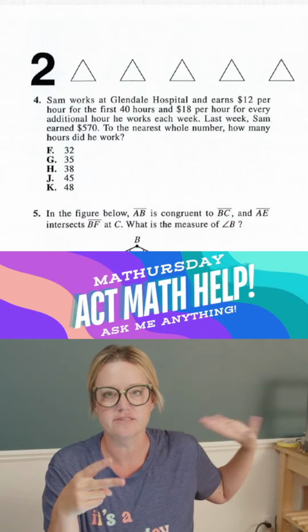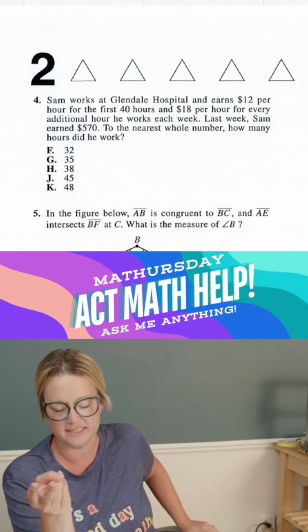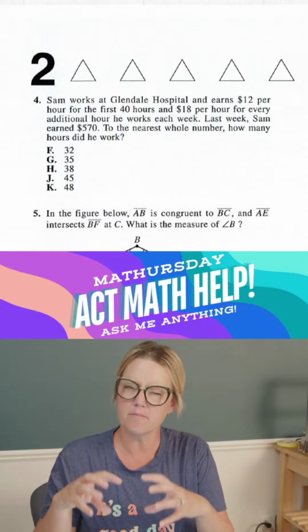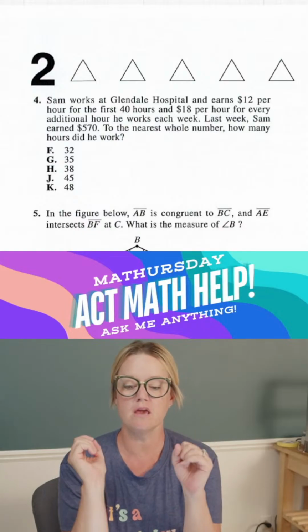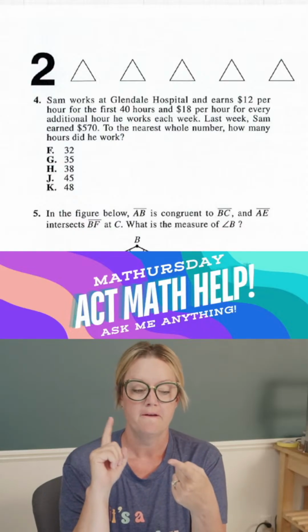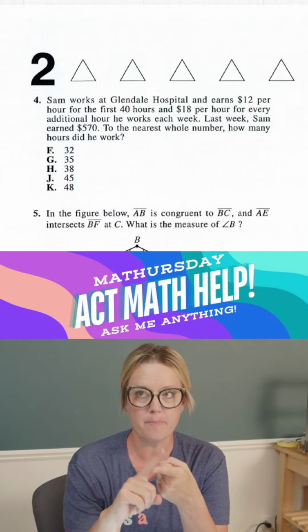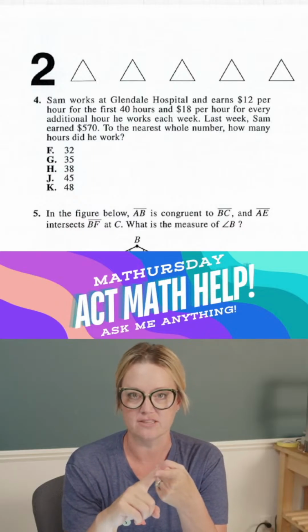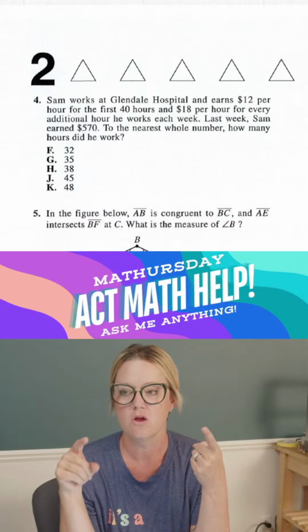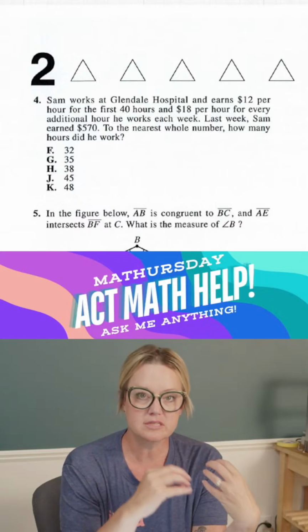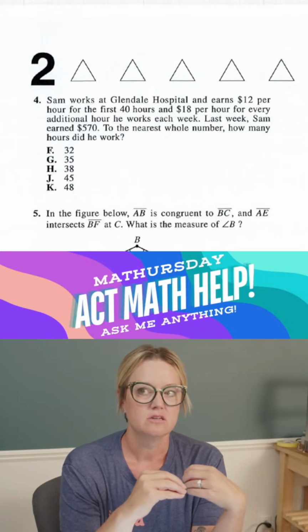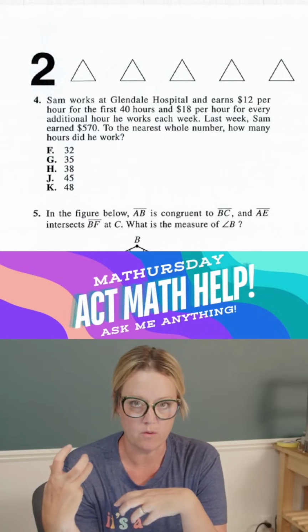Now, there are outliers, I get it, some questions that don't fit into this. But especially with multiple choice questions, you're either going to set up an equation and solve it, figure out what the answer is, and then find your answer out of the choices, or use the answer choices to figure out which one is the right one.